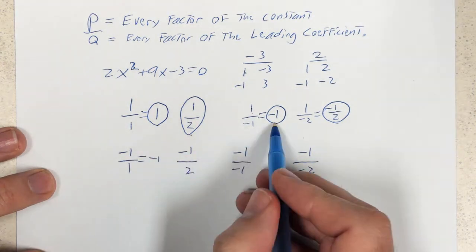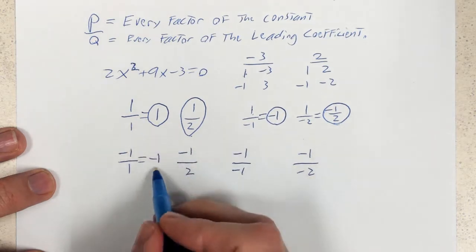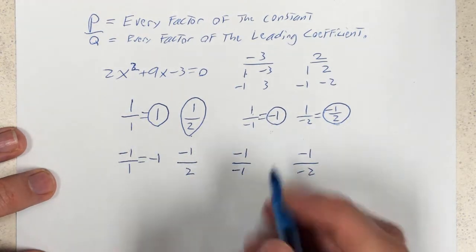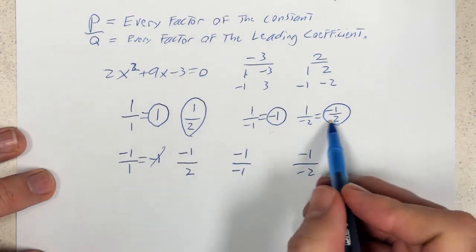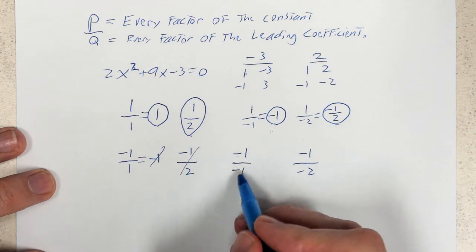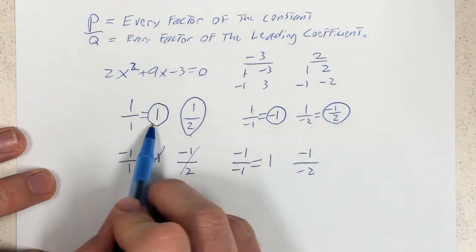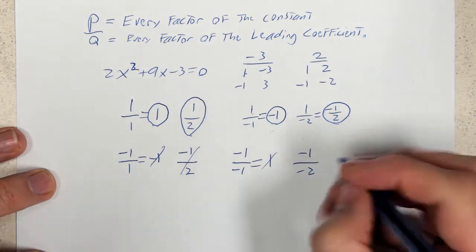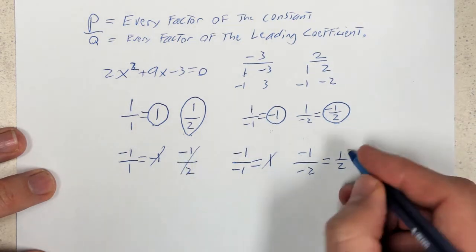Well, we already have that, and we don't need to write -1 twice. So yes, that is a solution, but there's two ways to get it, so we only need to write it once. So I'm going to mark through that one. Negative 1/2, we already have that one. Negative 1 divided by negative 1 equals positive 1. Got that one already. Negative 1 divided by negative 2 is 1/2, and we've got that one already.